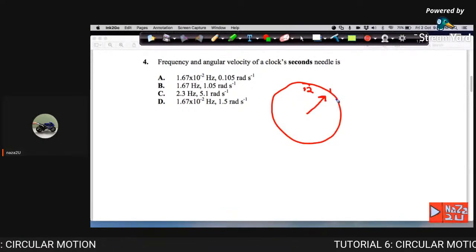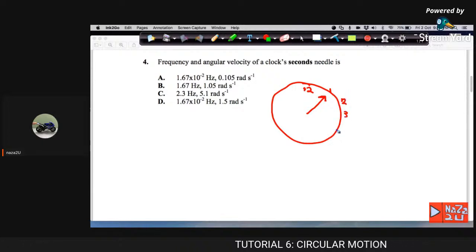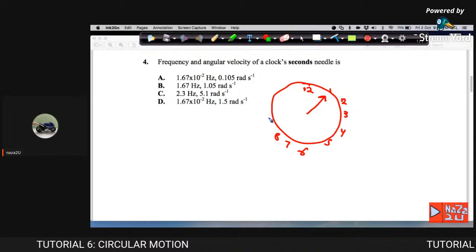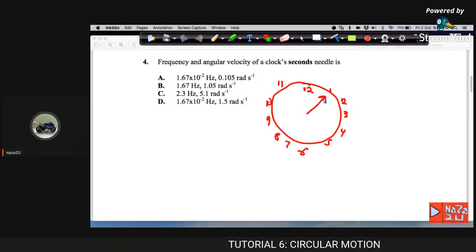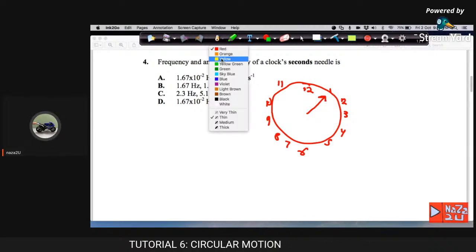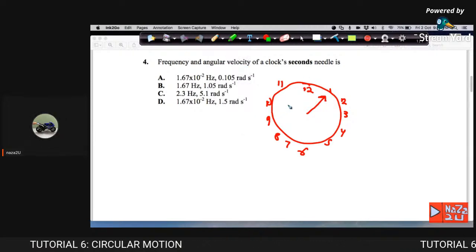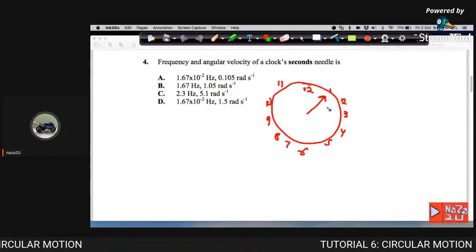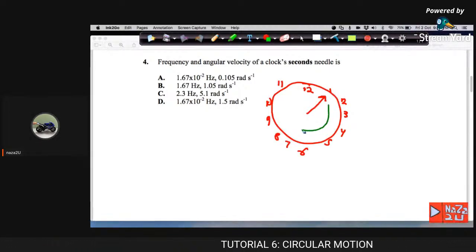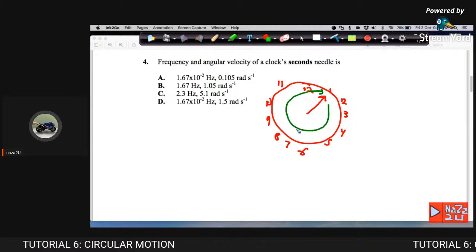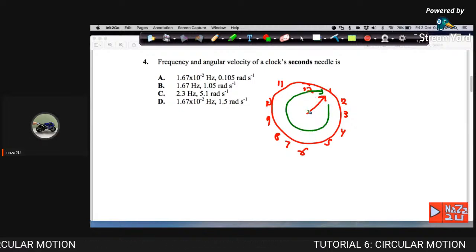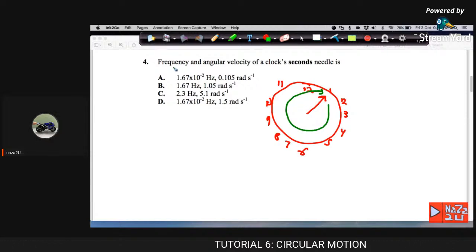This is 12, this is 1, this is 2, this is 3, this is 4, 5, 6, 7, 8, 9, 10, 11, and 12. So if the needle of the clock starts moving from 1 o'clock and returns to the initial position 1, this is one complete oscillation, one complete circle. So now, the frequency and angular velocity.